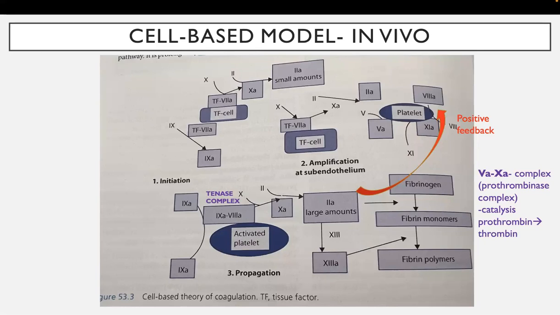And the activated factor 11 will activate factor 9.